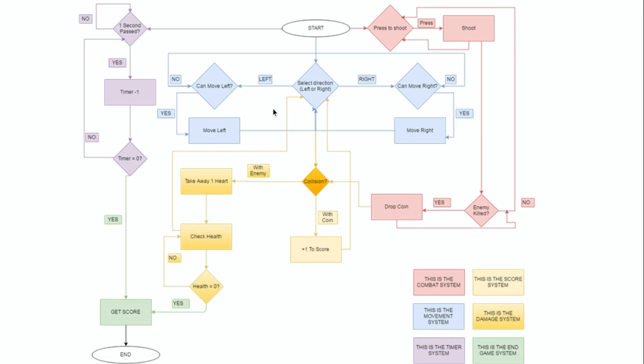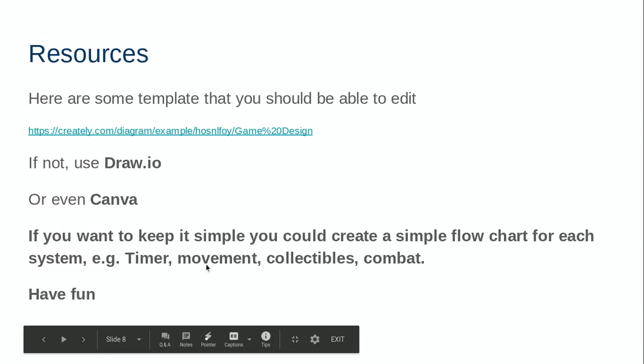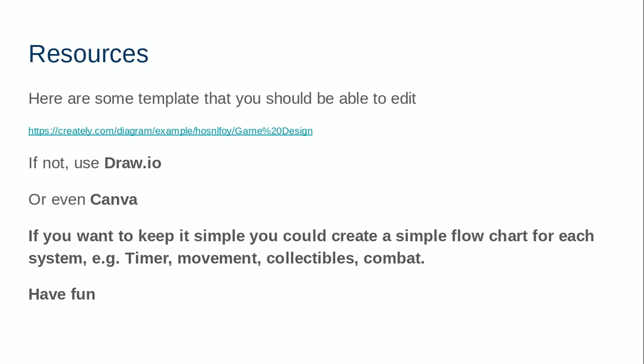So yes, this is fairly complex, but even though we have these very simple games, you may have fairly complex systems, and it's up to you to decide what are happening within your game. What are the most relevant systems happening within your game? It might be that you have a timer, and presumably you'll have some kind of movement. You may have items that need to be collected. How does that happen?